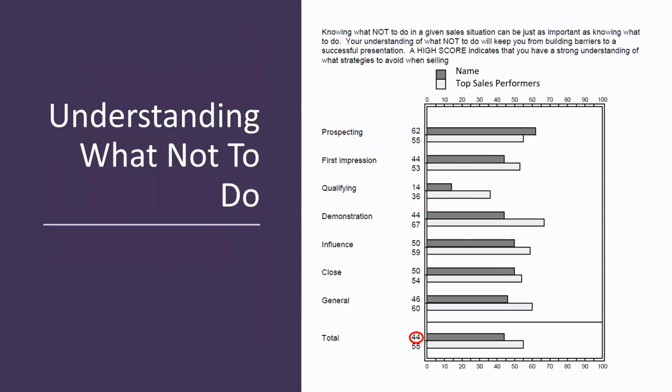Unfortunately for our applicant, it's still not looking great, right? In prospecting, which is their strongest point, they exceeded expectations, 62 to 55. But in every other sales step and phase, they underperformed consistently, ending up with a total of 44 against our top sales performers' 55. So what does all this mean?